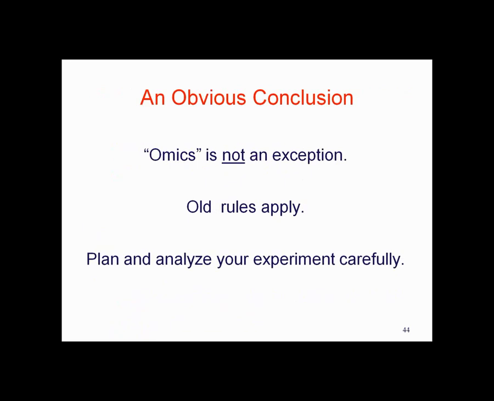So the obvious conclusion is that omics is not an exception, and all rules of design of experiment apply. You should take care about bias and precision of your inference, and use randomization, random sampling, blocking, and replication to minimize the potential spurious effects of systematic effects or to increase the precision of your experiment.